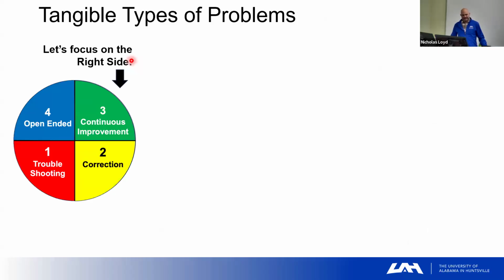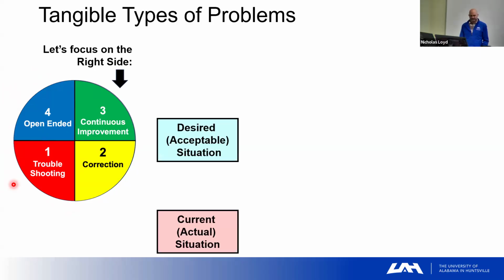Like I said, we talked about the ways to address open-ended problems all semester: the innovation engineering process, the strategic planning process. I try to discourage the troubleshooting approach, which is just jumping to do and skipping the plan phase of plan, do, check, act. So we'll focus on the right side for today. There are two types of problems on the right side.